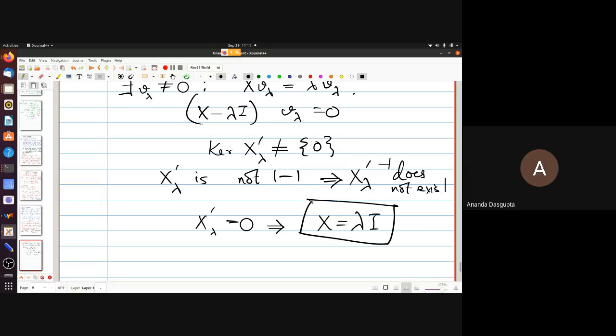Is it okay? So all we have to show is that there is a non-trivial eigenspace for every operator, but this is something which you know already, right? Every operator on a vector space has a non-trivial eigenspace. Is that okay with everybody? At least on a finite dimensional vector space?